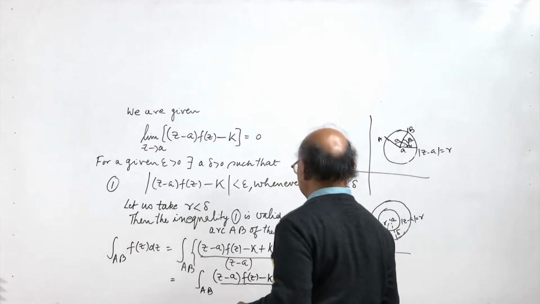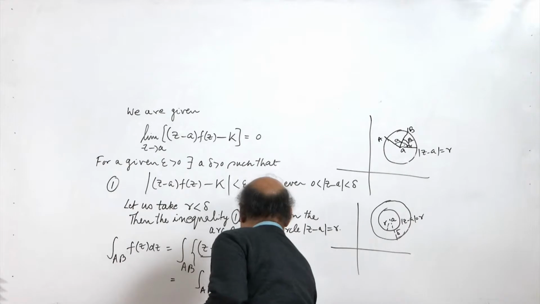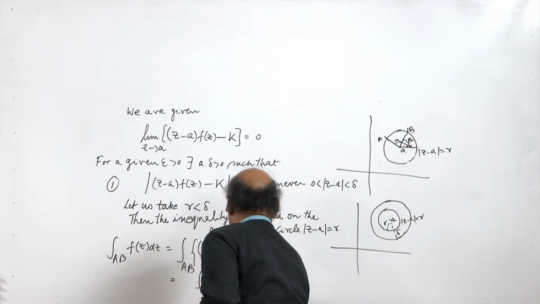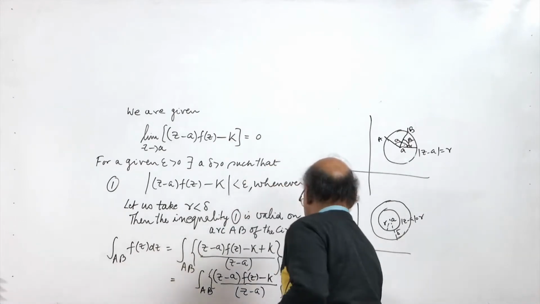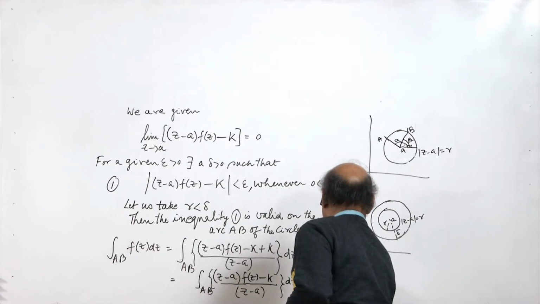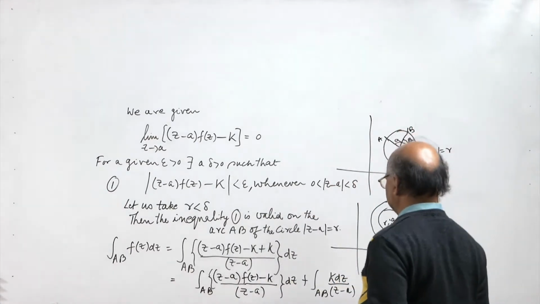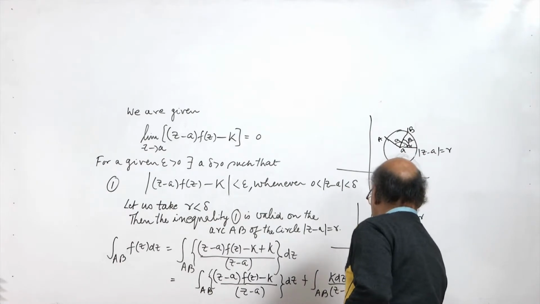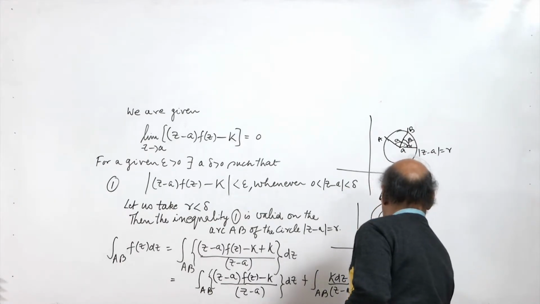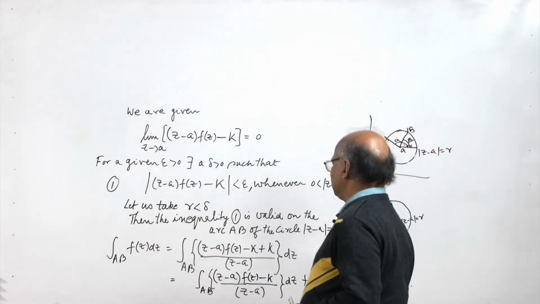The integral over AB of [(z minus a) into f(z) minus k] upon (z minus a) into dz, plus the integral over AB of k dz upon (z minus a), and let us denote the two integrals by I1 and I2.